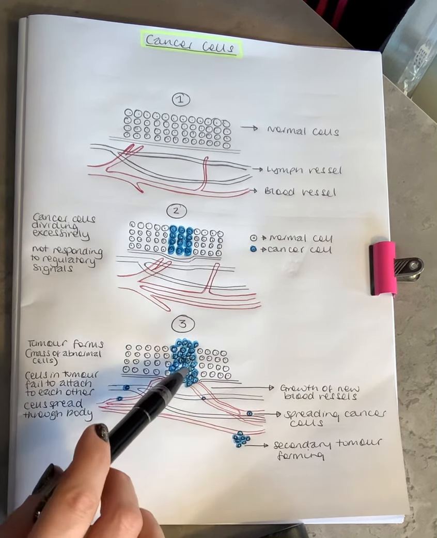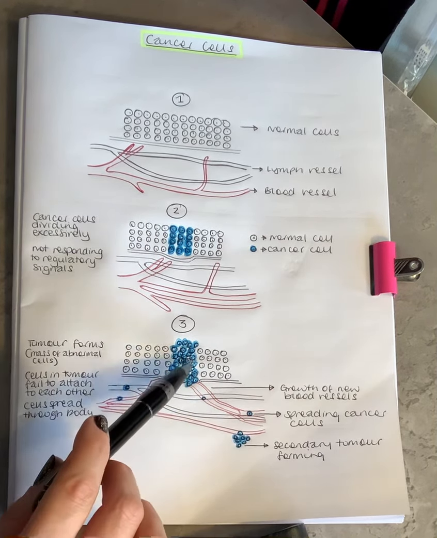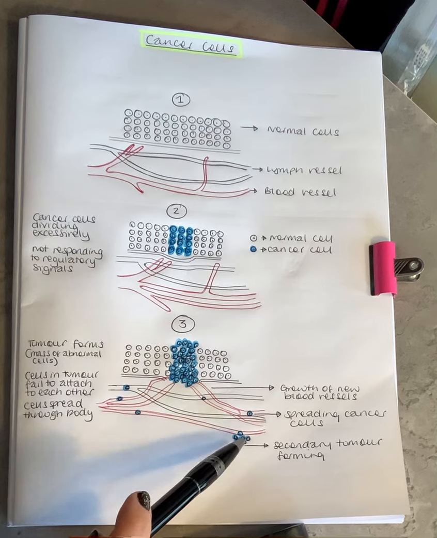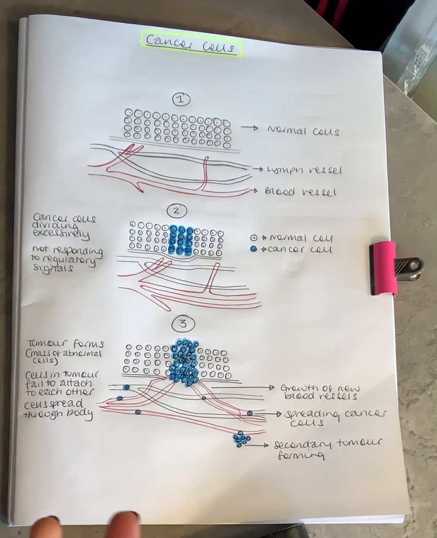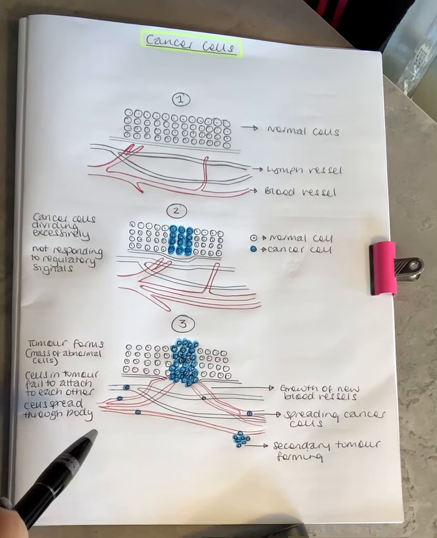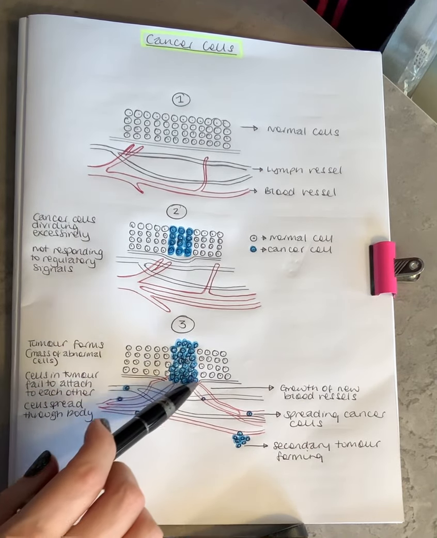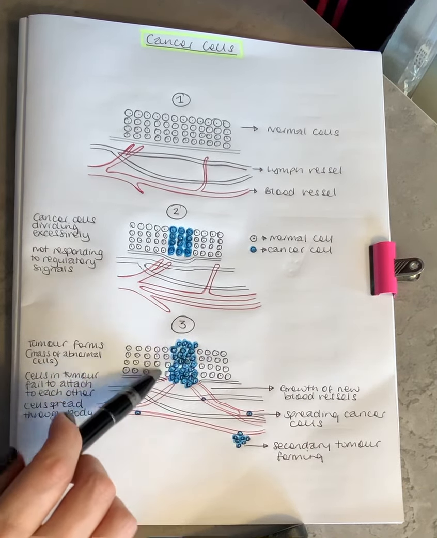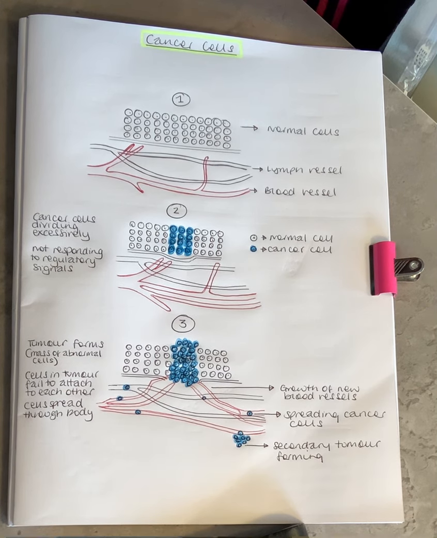Because these cells are still the exact same mutated cells and do not have the normal regulatory signals, they start growing again at that second area of the body. So a secondary tumour forms. This continues: the primary tumour continues to grow, and a secondary tumour grows as well. So two main areas.